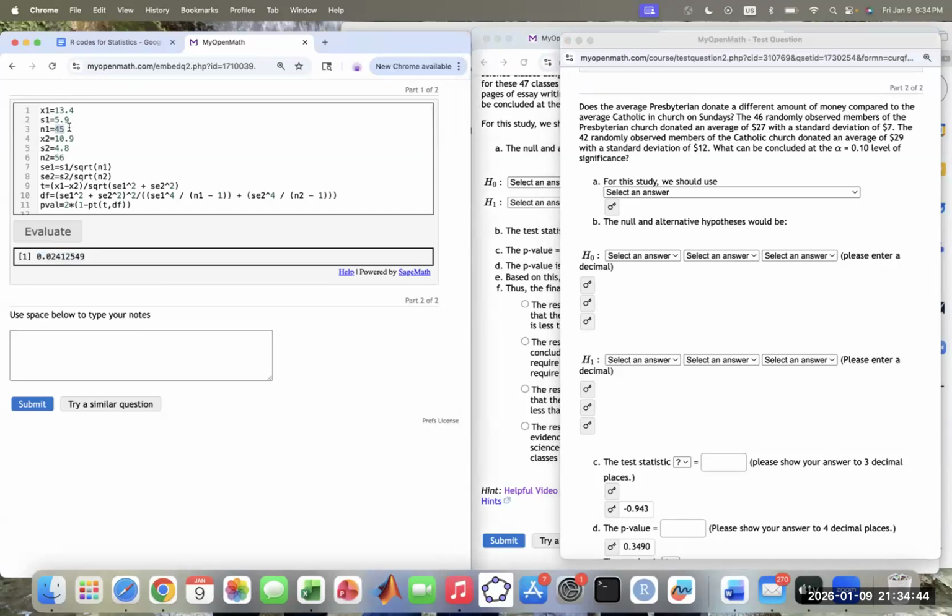I'm just looking for this one, 46. And then over here I will have this one be 27. And the S over here would be 7.